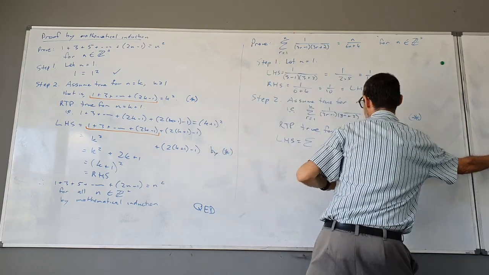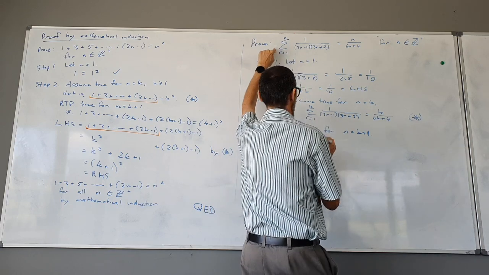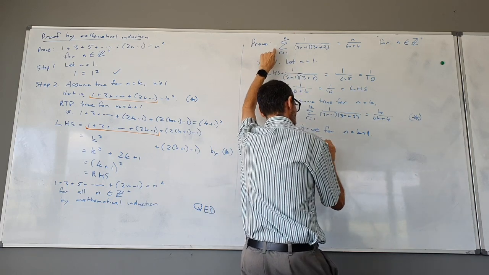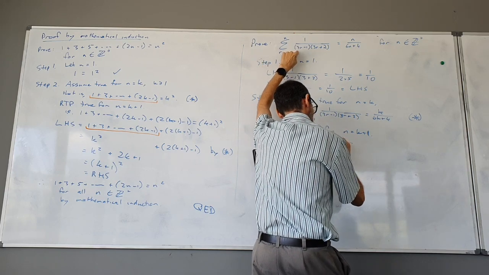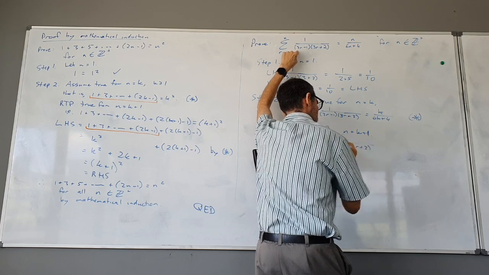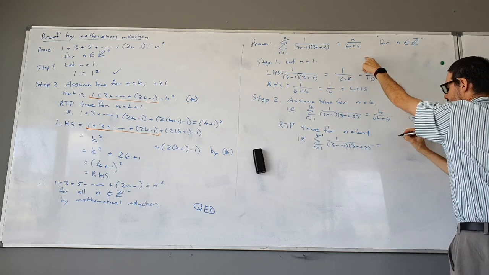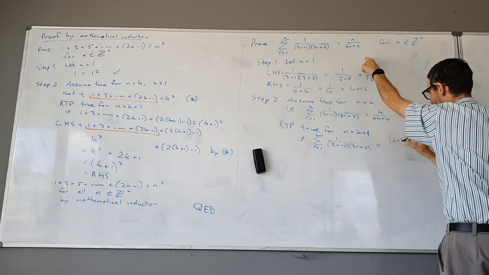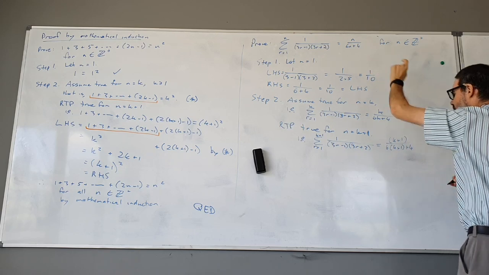Maybe I should write it out because then you'll see better what we're aiming for. i.e. I have to prove the sum r equals 1 up to k plus 1 of 1 over 3r minus 1, 3r plus 2 equals k plus 1 over 6 times k plus 1 plus 4.